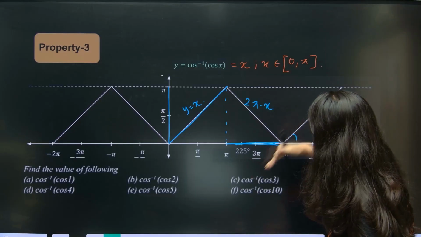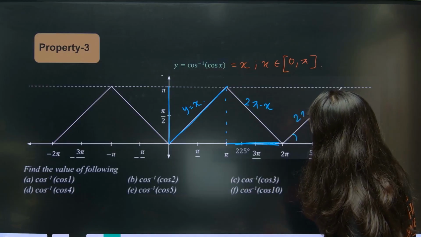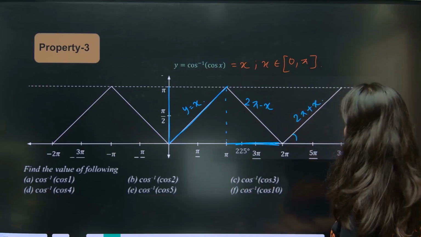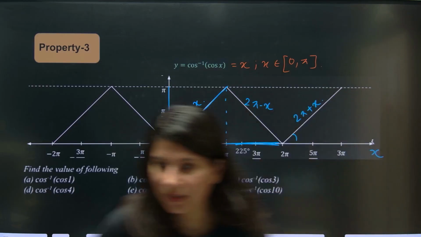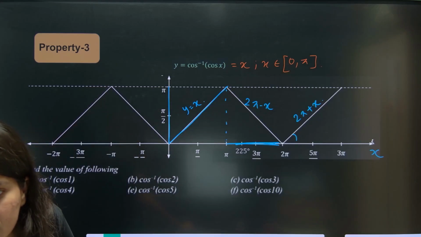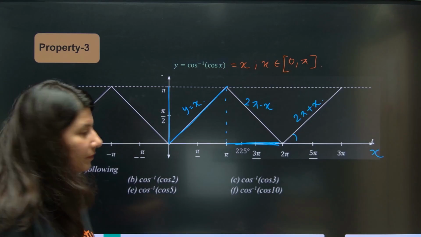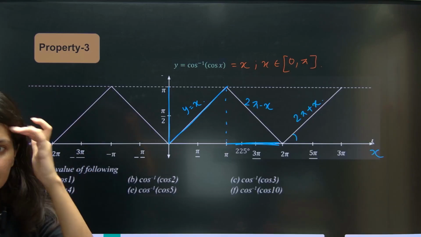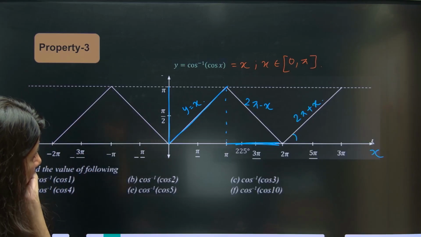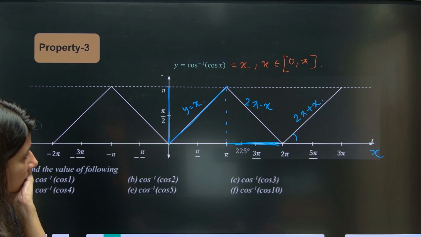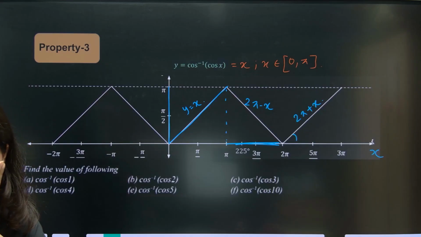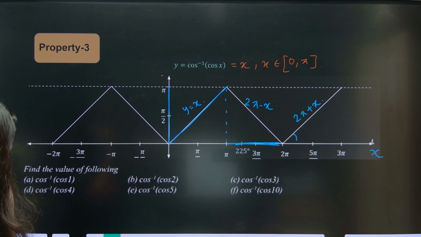If you just make this go down, this is 2 pi plus x. Yes or no? This is 2 pi plus x, and this is 2 pi minus x.